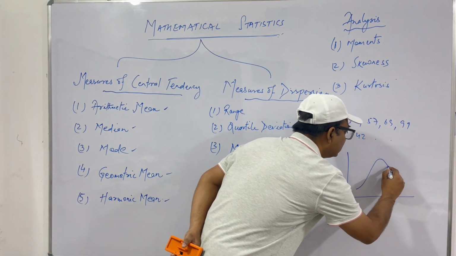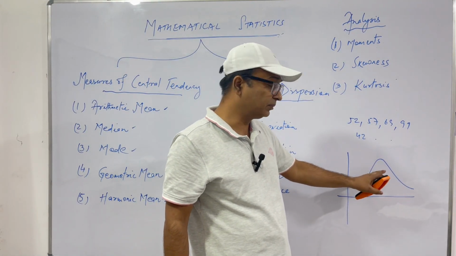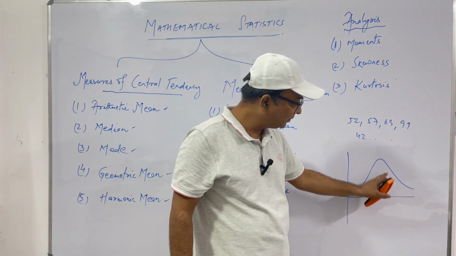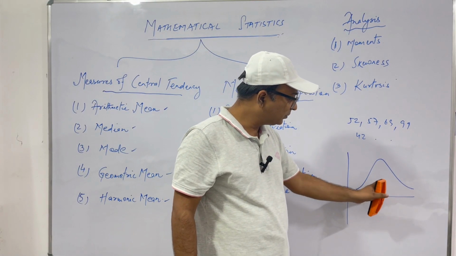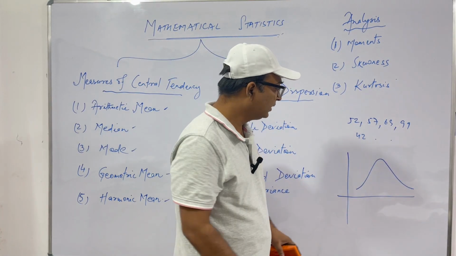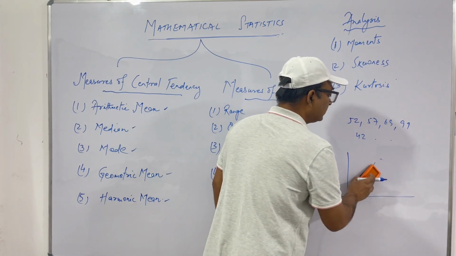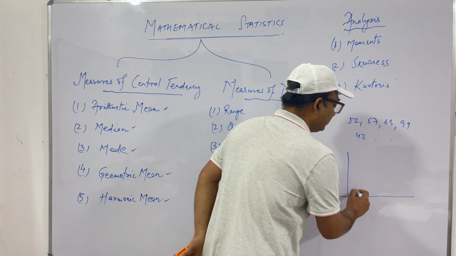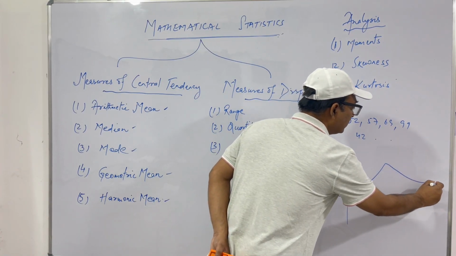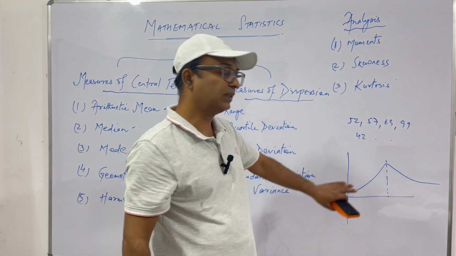If the graph is like this, by looking at the graph, you are able to understand that if this is the mean point, we have equal distribution below and above this point. But if this graph is like this, we have a very steep slope and then a very slow descent this side. Now this tells some other story.